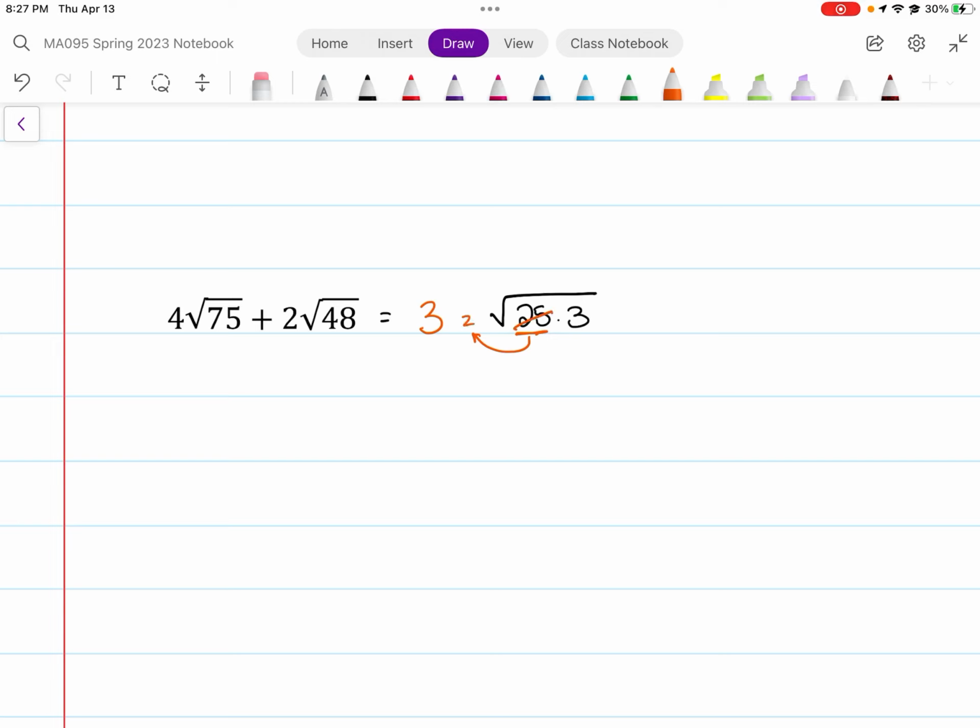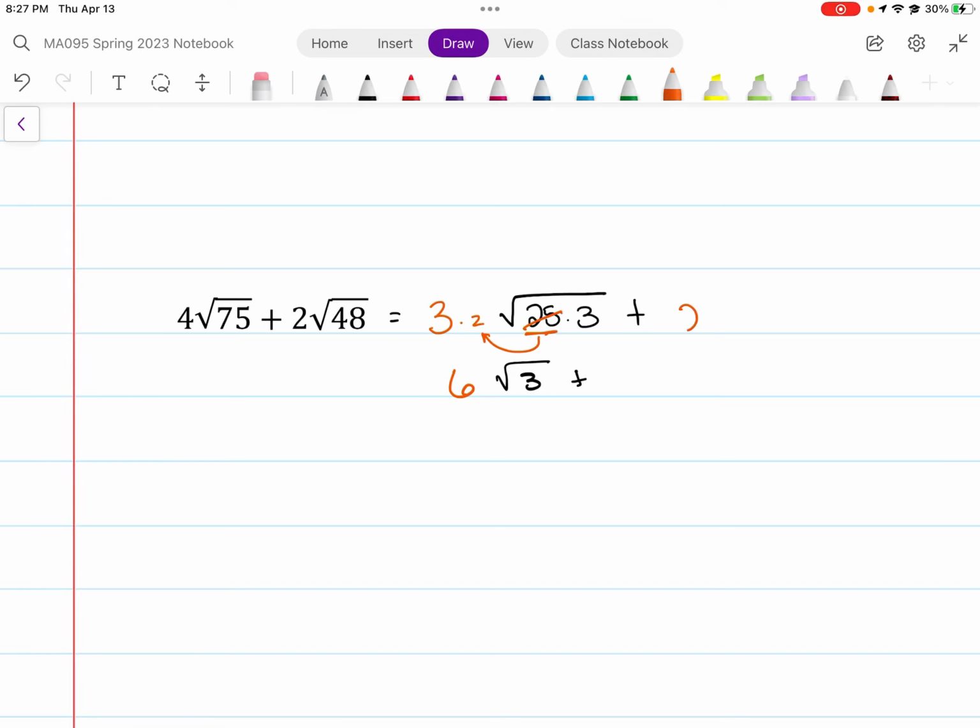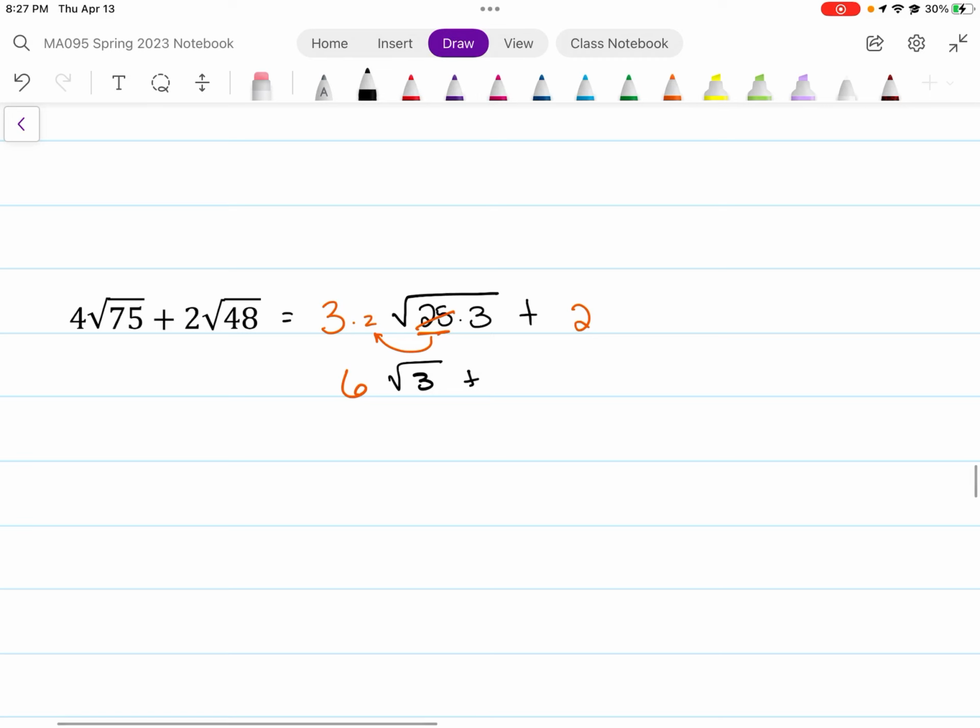And I'm crossing it out so I don't forget. I have square rooted it and brought it out and wrote it there, so I wanted to cross it out. All right, so now I get 3 times 2 is 6, and that is the square root of 3 on the inside. All right, now on the other one, I've got the 2, and I'll put it in orange because it's out front.